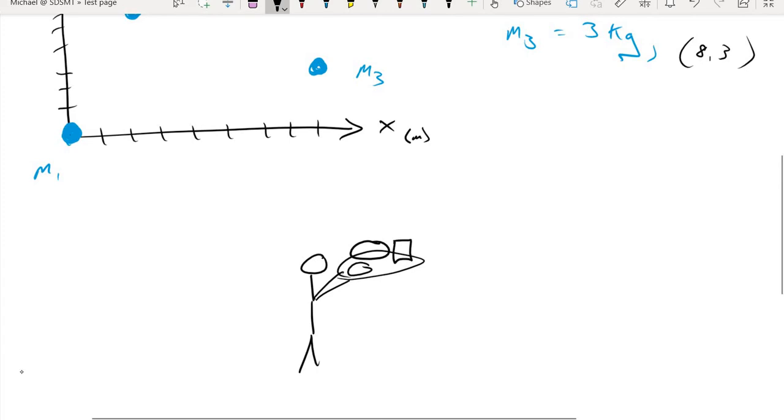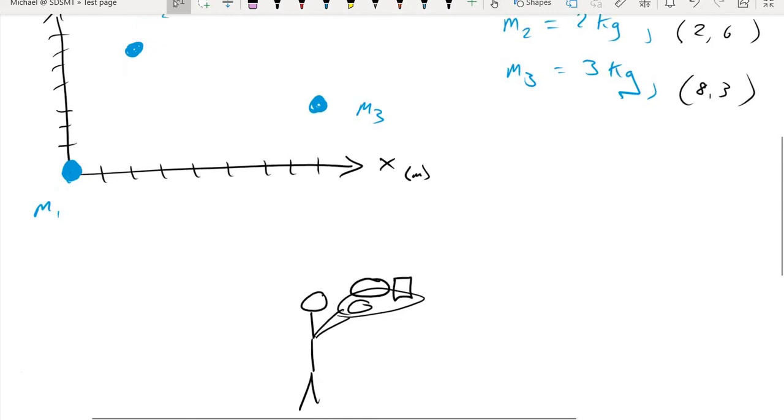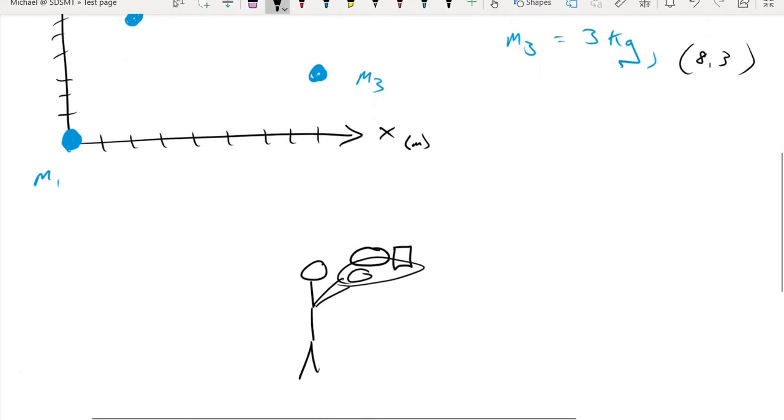And each of these items is going to have a different amount of mass. And in order to balance that tray, there is a certain location underneath that tray where you're going to have to place your hand if you want to balance all of the masses. And that balance point is the center of mass for the system.